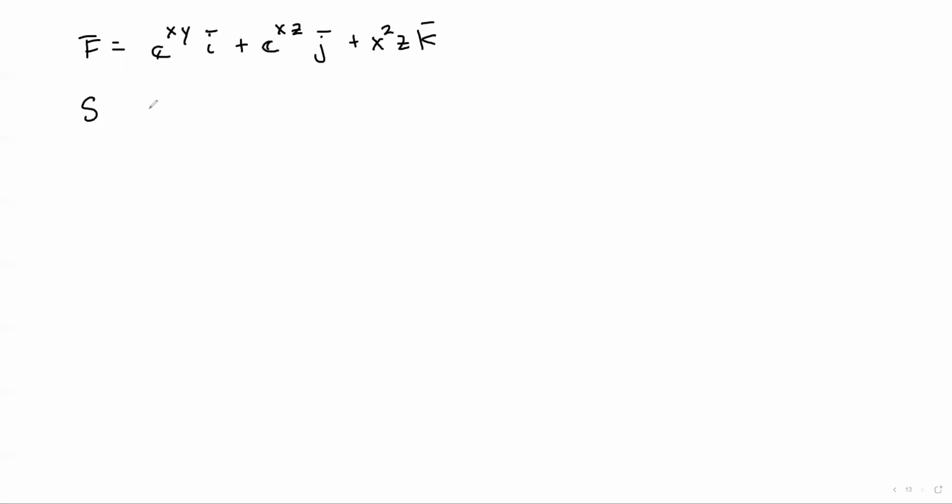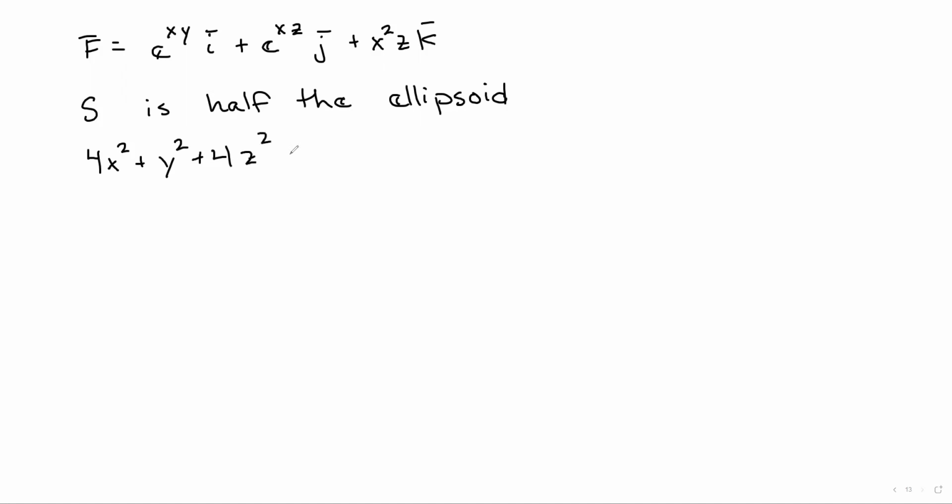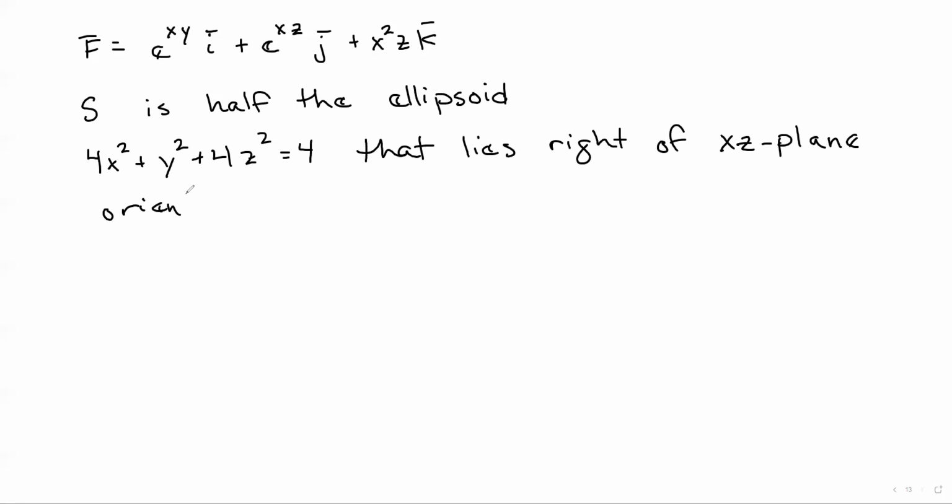And we're told S is half the ellipsoid x squared plus y squared plus 4z squared equals 4 that lies to the right of the xz plane, oriented in the direction of the positive y-axis.